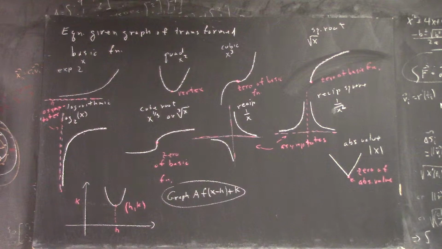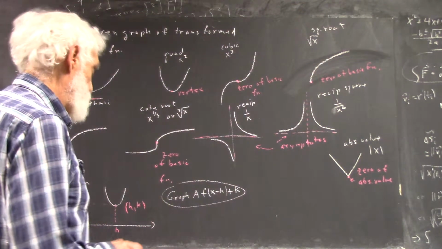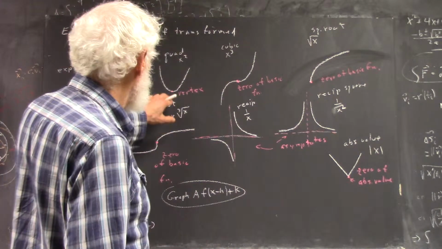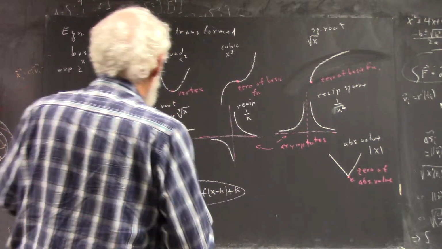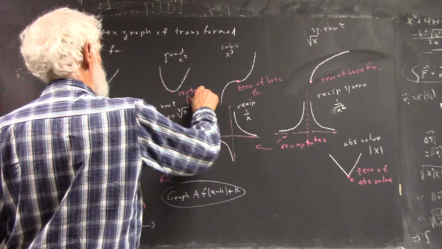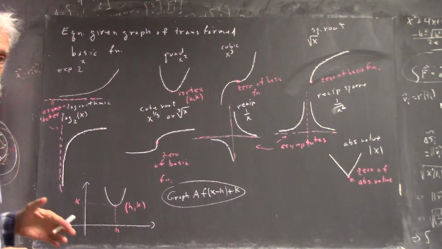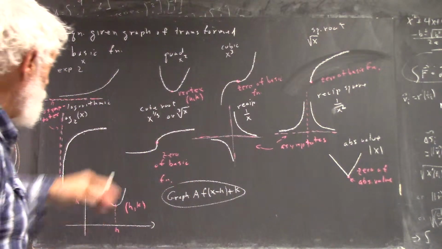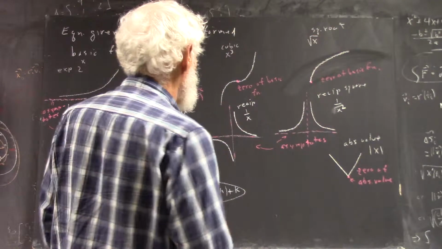Okay, so now, in that case, the vertex here, if the thing is in some known position in the xy plane, the vertex is the point (h, k).